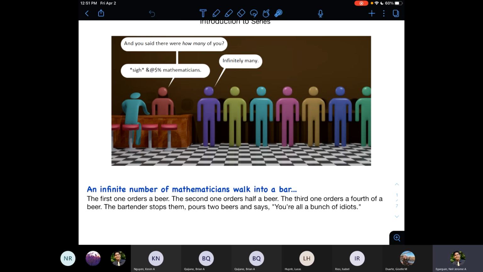We'll look at cases or tests that will let us know if there's a finite sum or if there's no finite sum, right? Let's analyze this problem about the infinite number of mathematicians next time, all right?